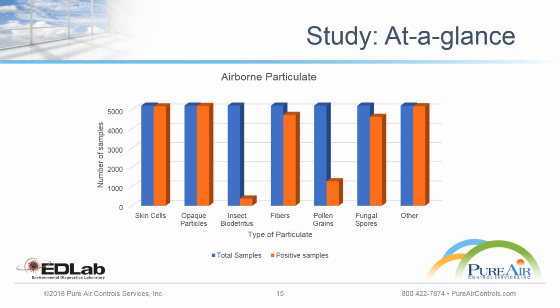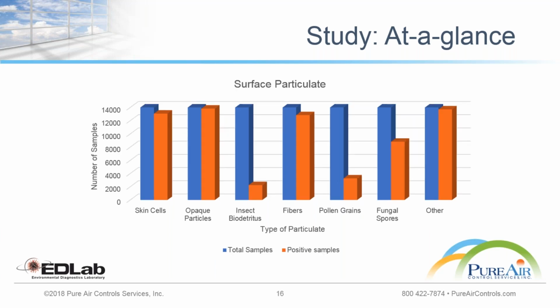The insect biodetritus is the one where a very small set of samples has shown a positive sample in terms of total samples. But you can see that the skin cell and the opaque particle, along with the others, are neck to neck. I want to also show the next graph, which is based on the surface particulate.